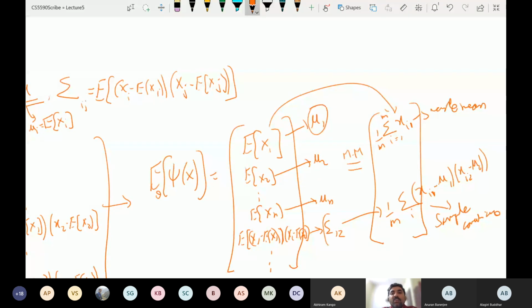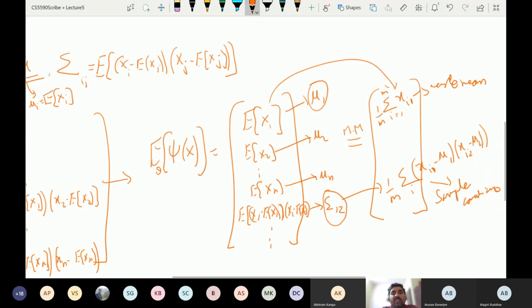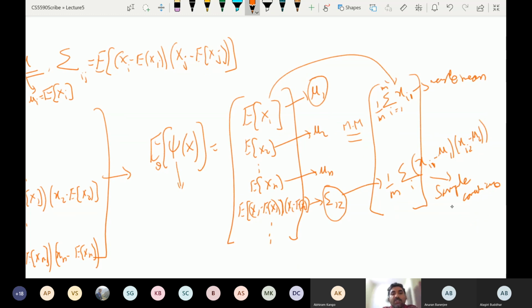So in method of moments, what are we simply doing? We are simply saying we'll estimate the true expectations by the sample versions of the expectation. So very, very simple algorithm, right? Whatever distribution it is, this is the kind of matching we will do. The only clever thing is how you choose this psi, and you choose it such that you simply retrieve your natural parameters.